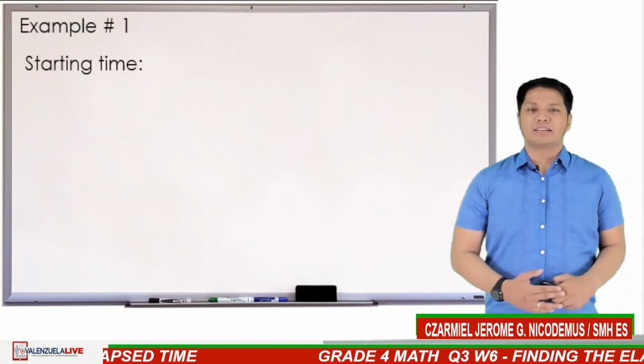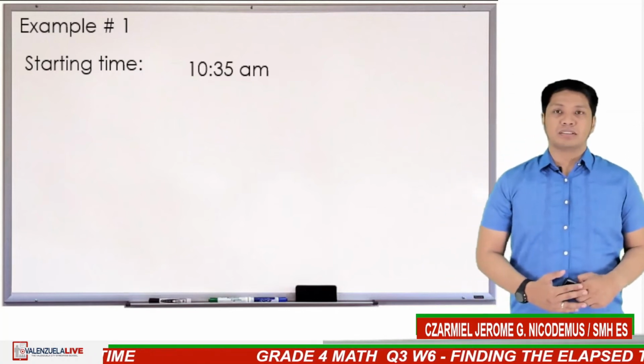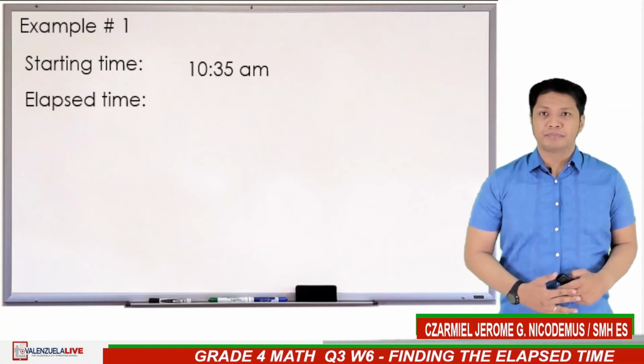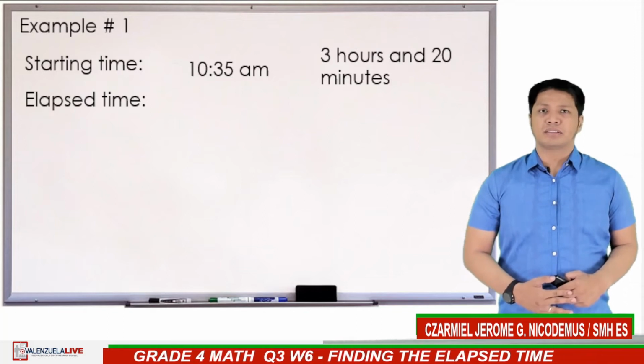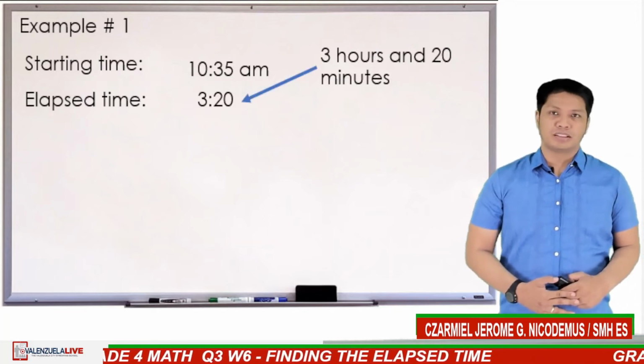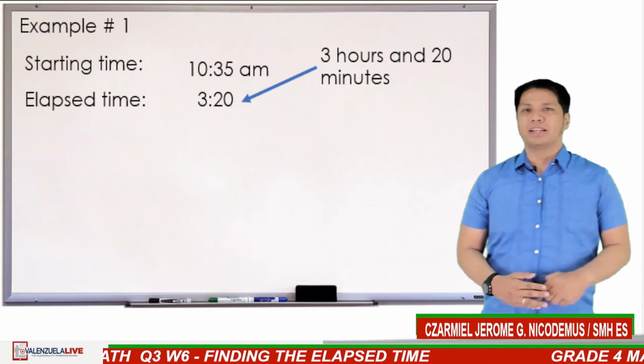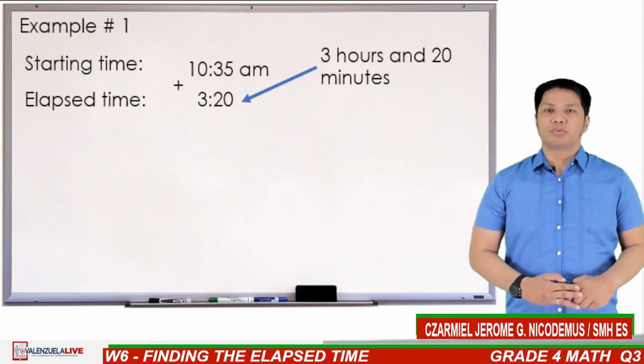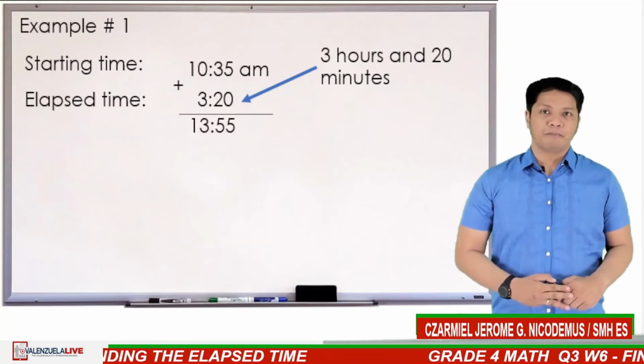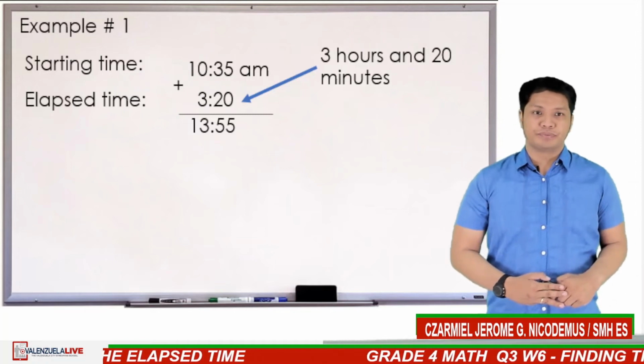So let's have another example. This time the starting time is 10:35 a.m. and the elapsed time is 3 hours and 20 minutes. Let's convert this into this format. 35 plus 20 is equal to 55. 10 plus 3 is equal to 13.